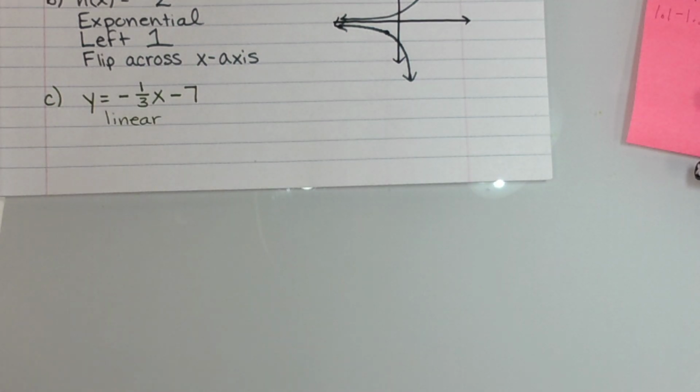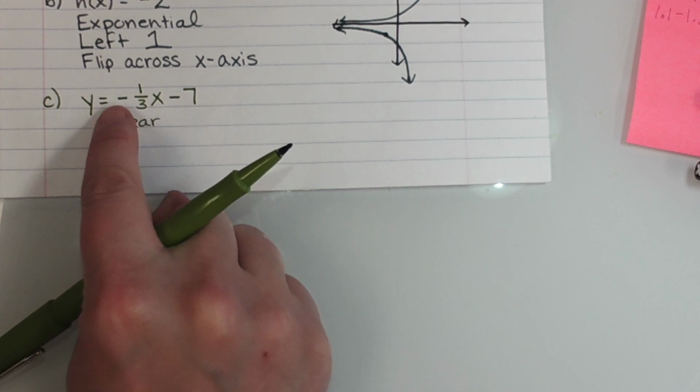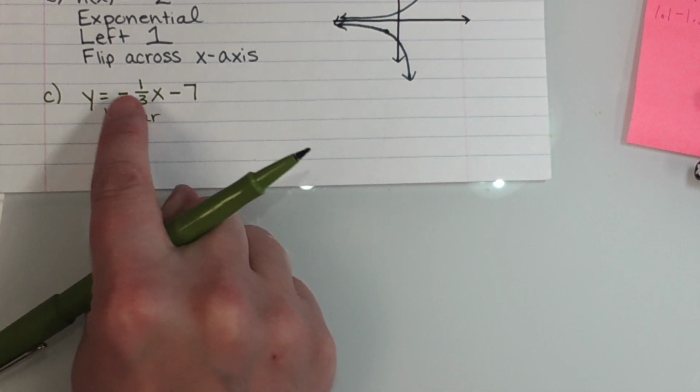There's two things that this sometimes messes with people on. First off, how many transformations are actually happening to this graph? 3. The 7 being subtracted, the 1/3, and the negative, those two are doing two different things.